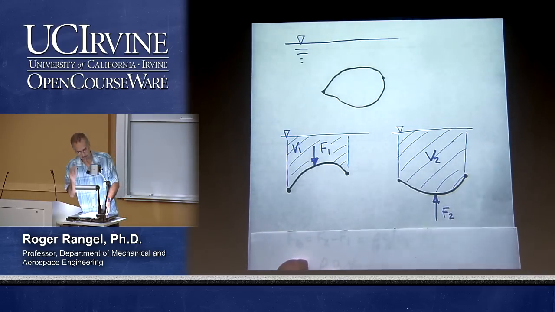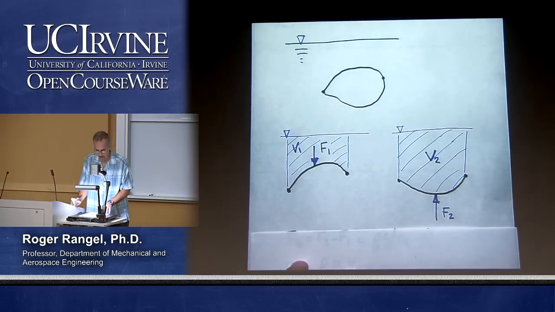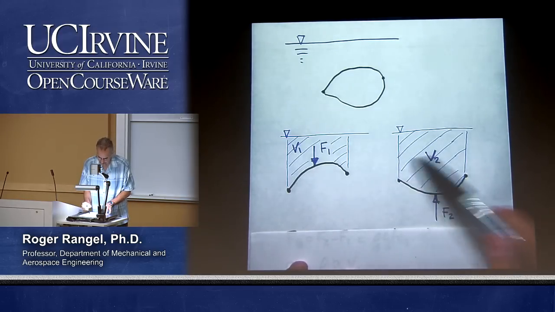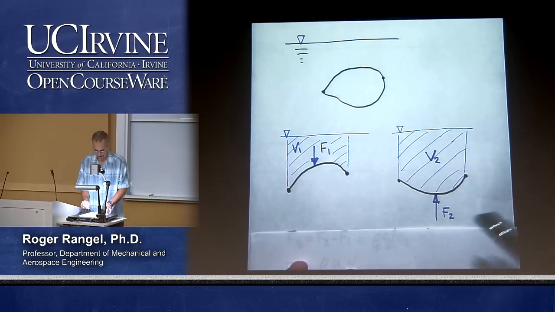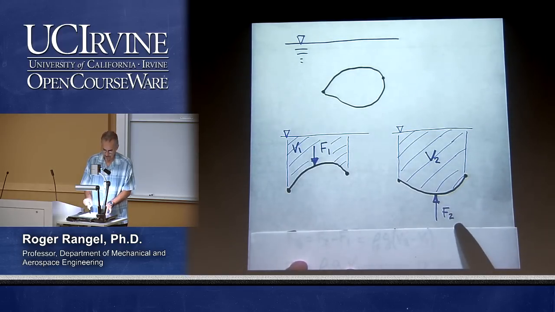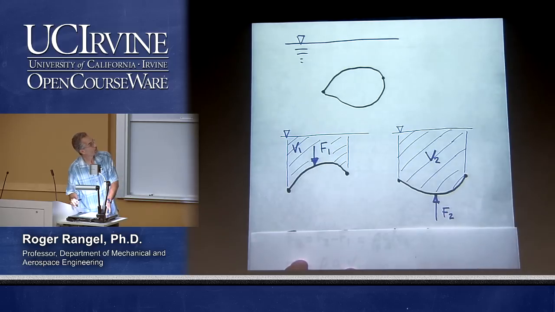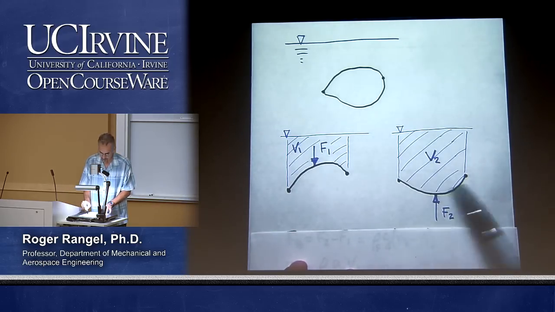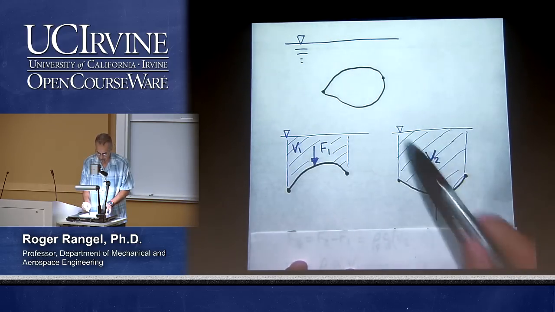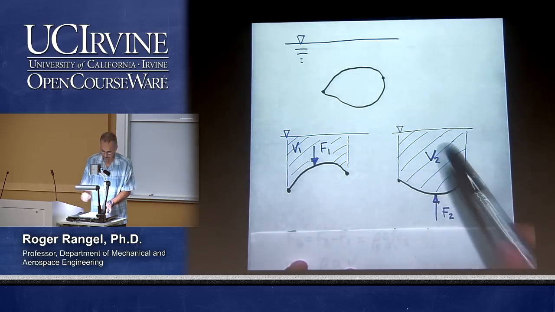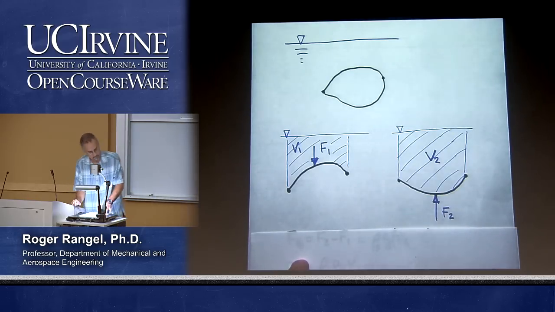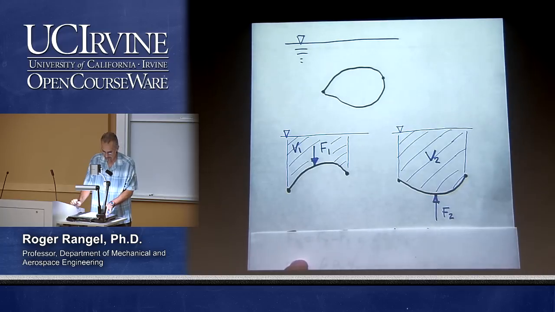And remember, the above was in quotes, because we know, of course, that there is no fluid inside the object. But for the calculation of the force, it is as if there were fluid inside the object. So we just need to find out that entire volume that sits above that surface, and I call that V2. And that gives me my vertical force acting on the bottom half.